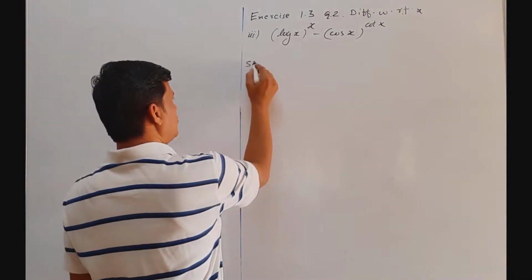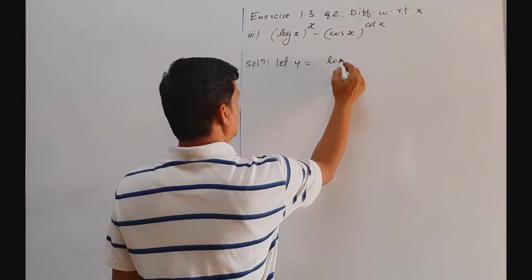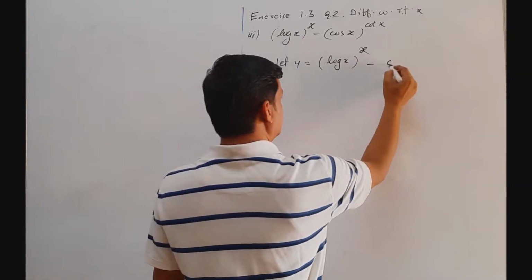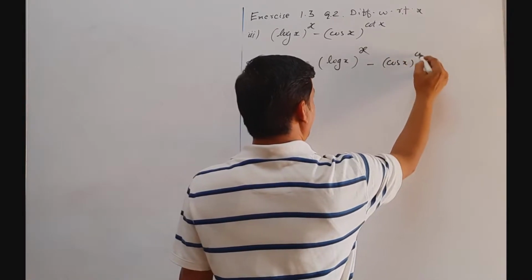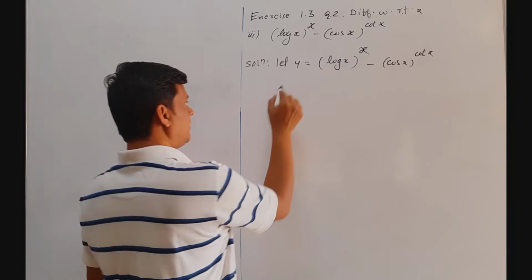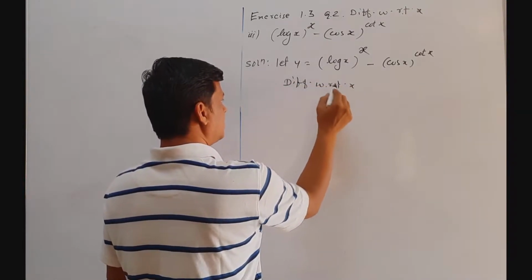So in the solution, let y = (log x)^x - (cos x)^(cot x). First we differentiate with respect to x.